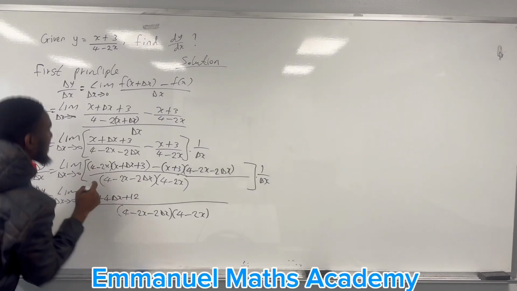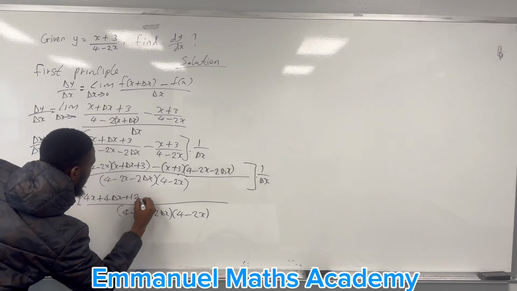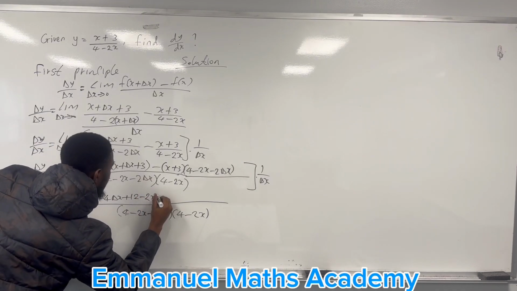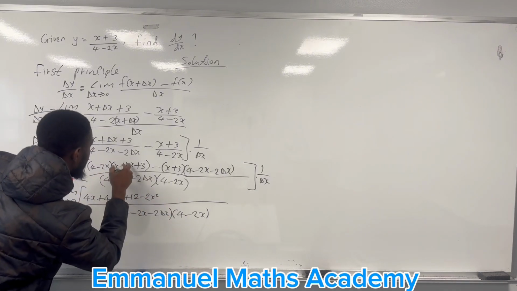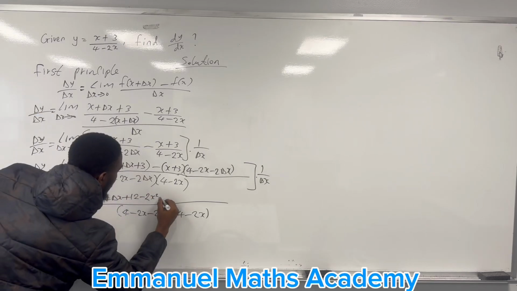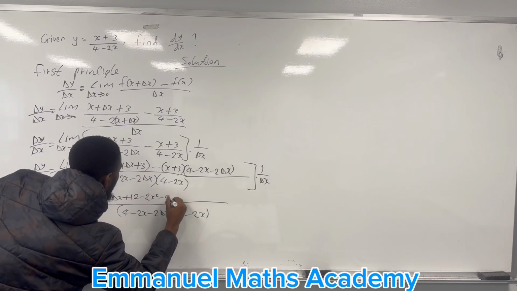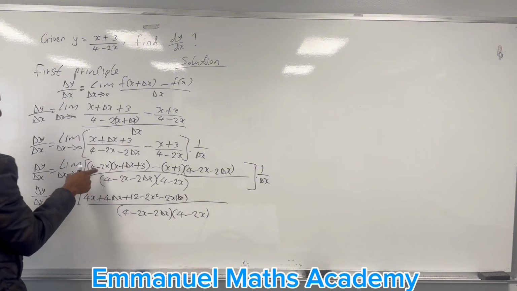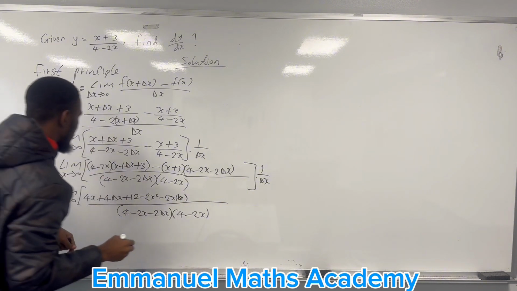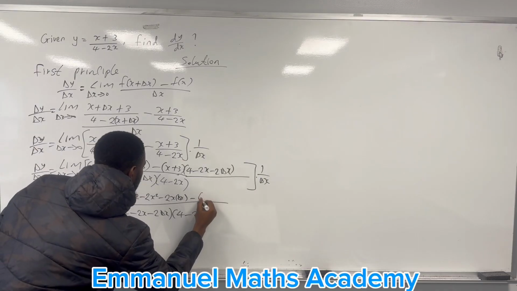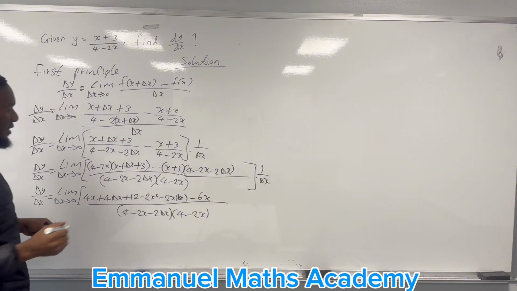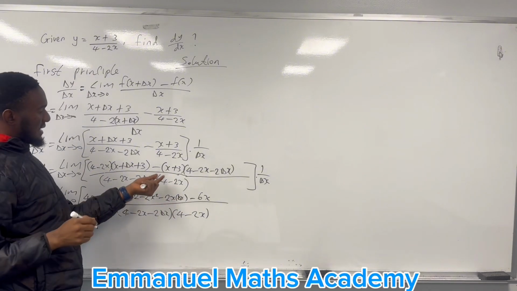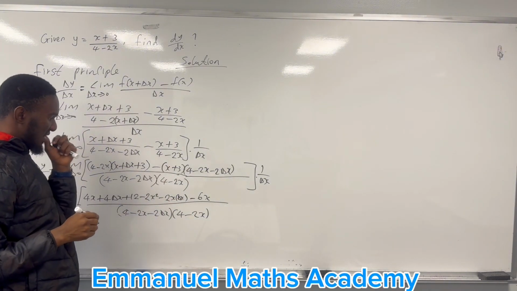Okay? The second term here: minus 2x times x gives minus 2x squared. Minus 2x times delta x gives minus 2x delta x. Minus 2x times 3 gives minus 6x. Good, correct.